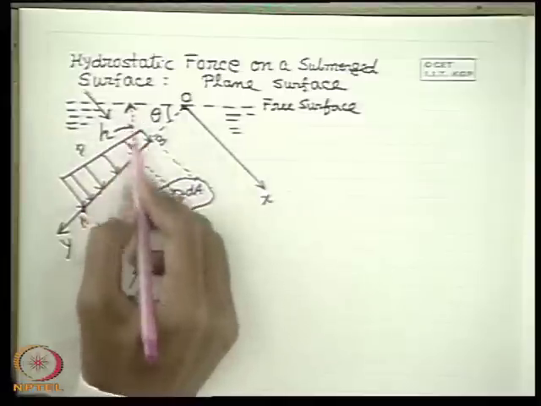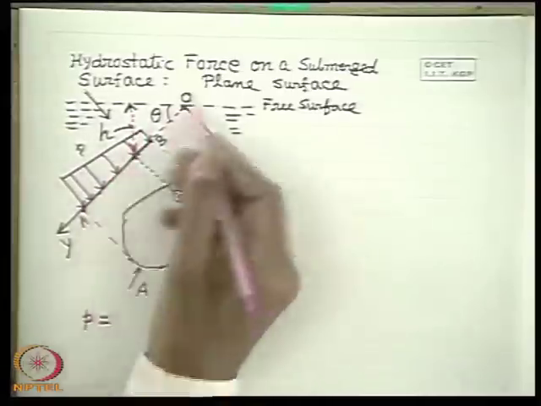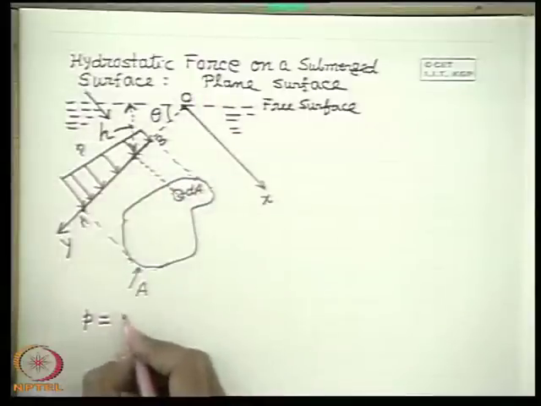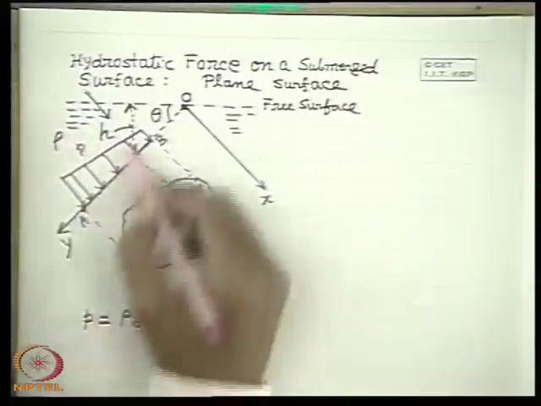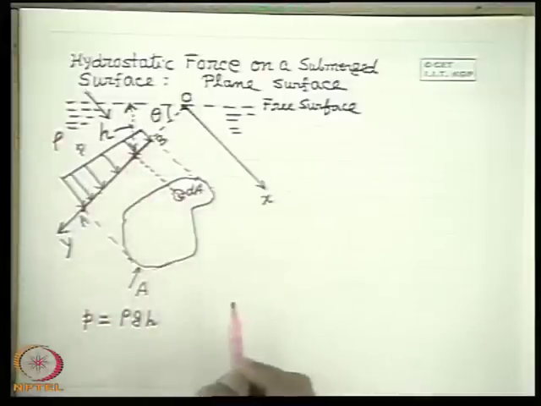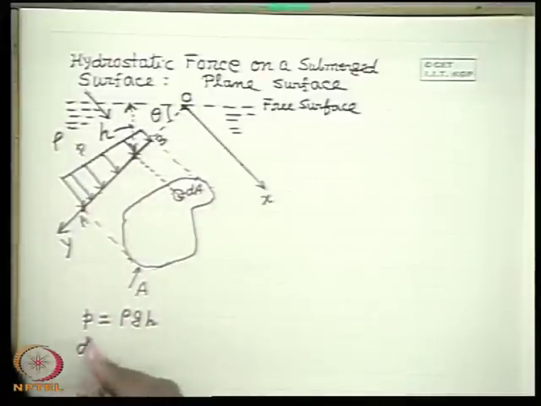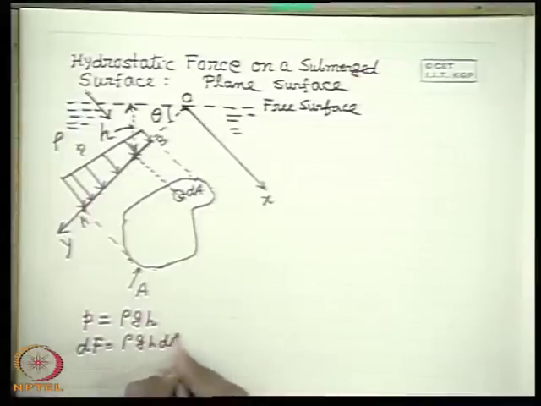It is at a depth H from the free surface. Here we are considering the pressure above atmospheric pressure, so this will simply be rho g H, where rho is the density of the liquid and H is the depth at which this elemental area is considered. Therefore the force on this elemental area will be dF equals rho g H times dA.